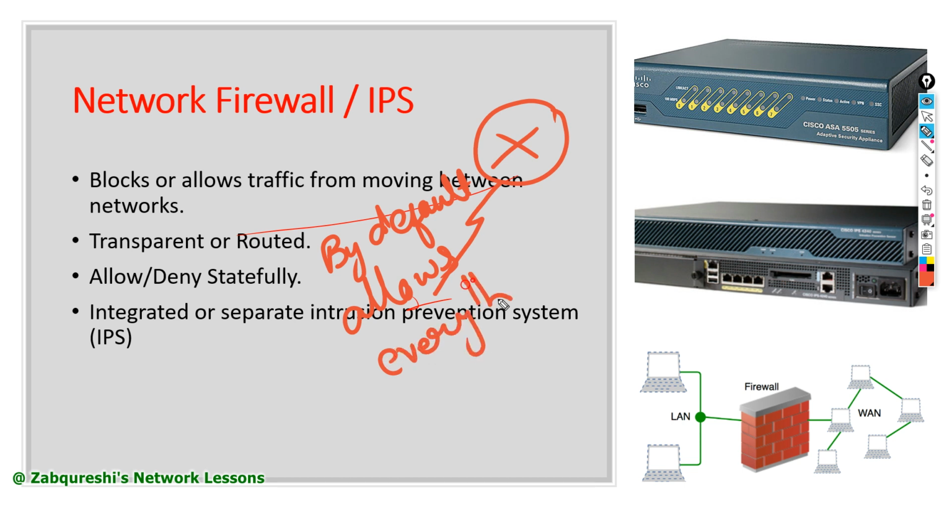If it has a route to reach someone, it will not block it, it will send the traffic. So we need to explicitly block the traffic that we want to block.